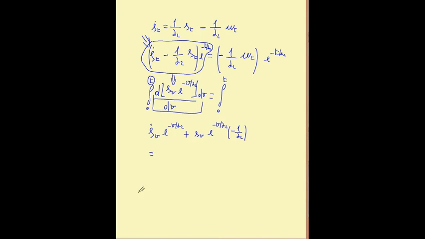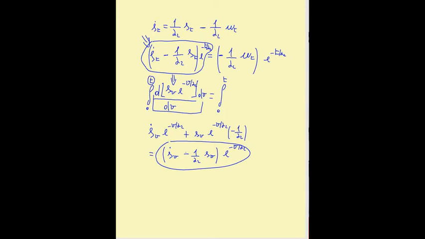This is equal to, collecting e to the power of minus v over alpha 2, s dot v minus 1 over alpha 2 s v, which multiplies e to the power of minus v over alpha 2. So this is equal to this derivative. Now it's clear. This is quite clear. You can check the video at home.